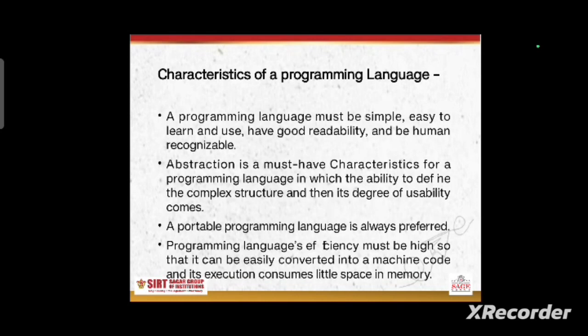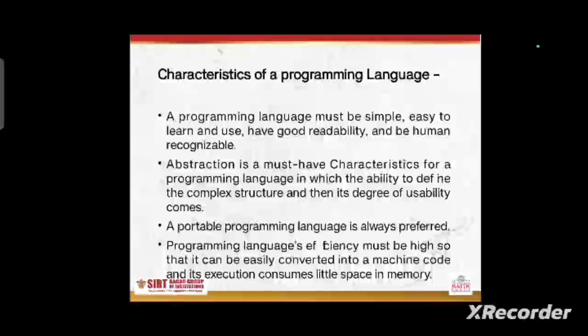In procedure oriented programming language, which is different from object oriented programming language, there are some drawbacks, like security is an issue. But to overcome this issue, C++ or object oriented programming came, which provides security and reusability of the code.